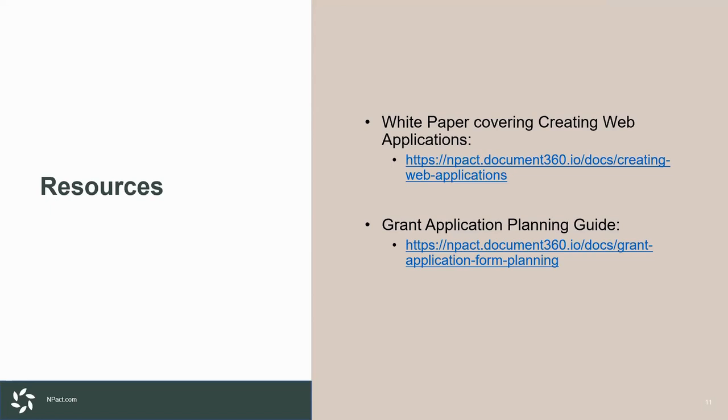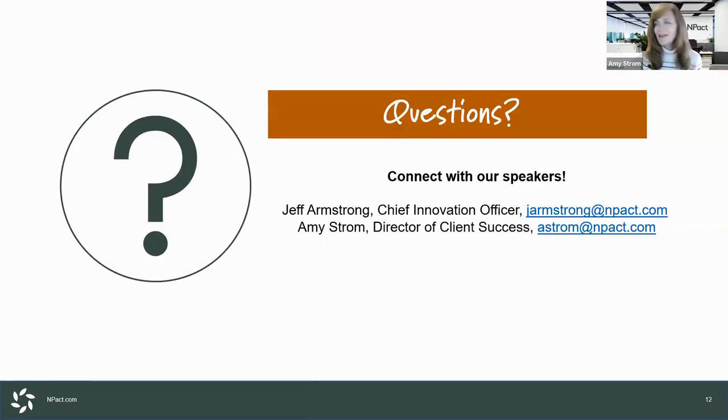We do have, as Jeff mentioned, a couple of resources for you that you can find when we send out this presentation. You'll have these linked directly to the white paper as well as the grant application planning guide that we mentioned. We don't have any other questions.